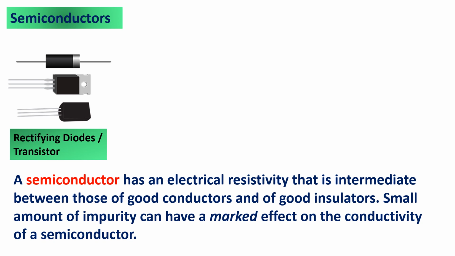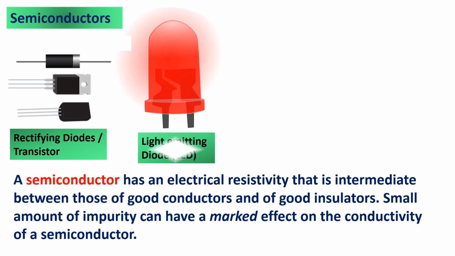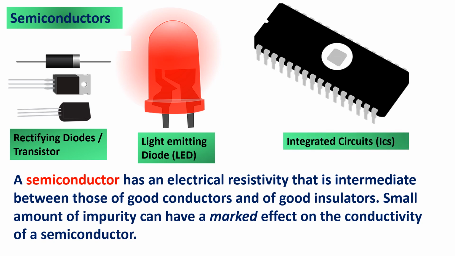Examples of semiconductors are rectifying diodes and transistors. Another example of a semiconductor material are the light emitting diodes, or LED for short, and what we call integrated circuits, or ICs.